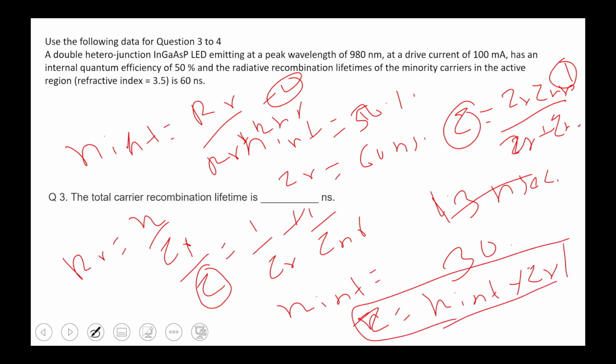You are given these values, so just multiply, and that is the total carrier recombination lifetime. Oh, okay, sir. Got it.